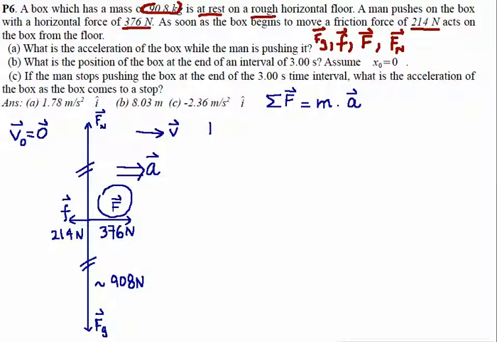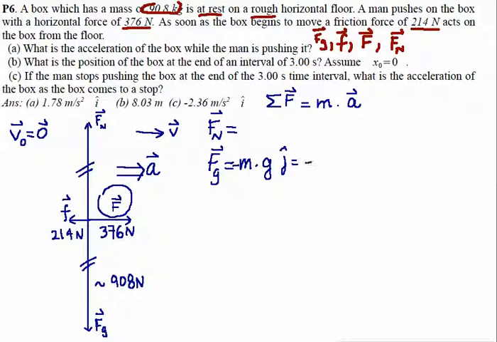So, Fn, using i hat and j hat, is going to be the opposite of Fg. So first I need to calculate Fg, which is m times g times j hat with a negative in front because it's down.